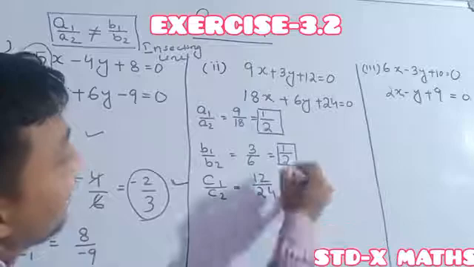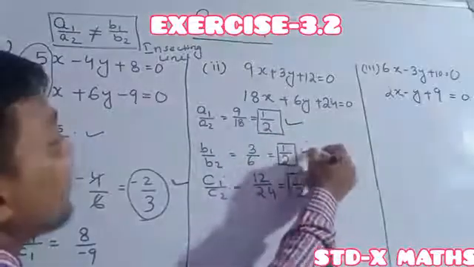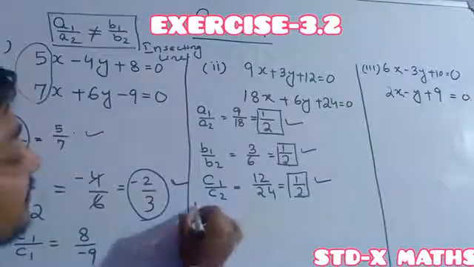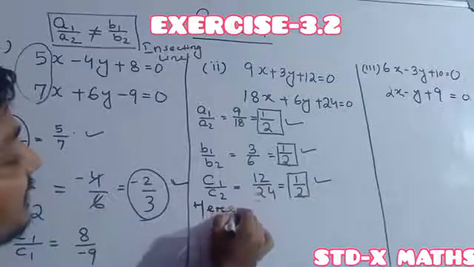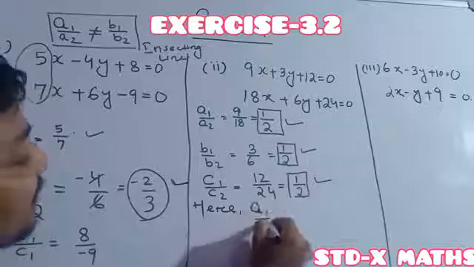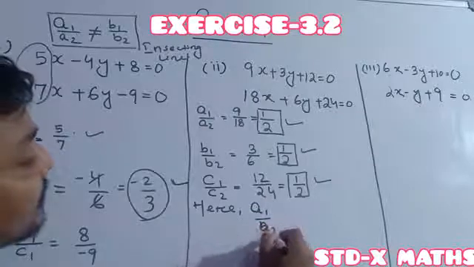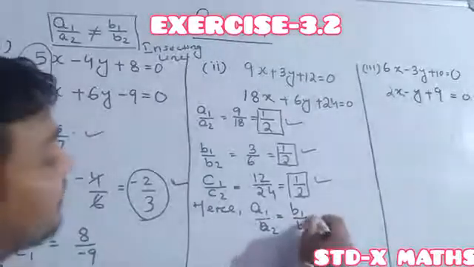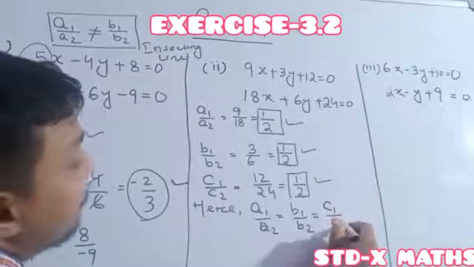See, here a1 by a2 is the same as b1 by b2, and also the same as c1 by c2. So a1 by a2 is equal to b1 by b2, which is equal to c1 by c2.